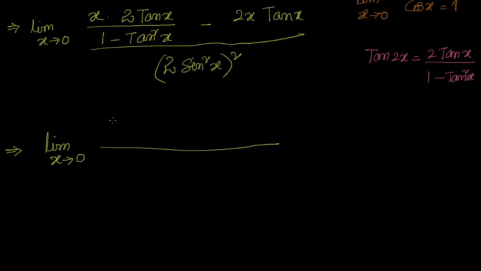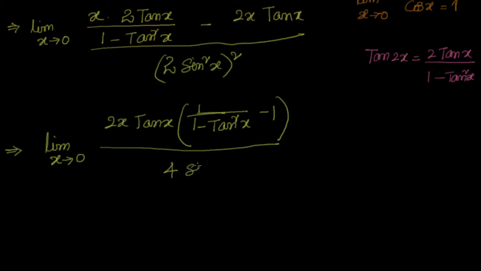If you see, 2x tan x is common, so it will become 2x tan x into (1 by 1 minus tan square x minus 1), divided by 4 sin to the power of 4 x.